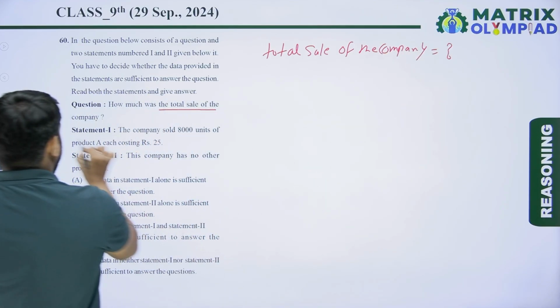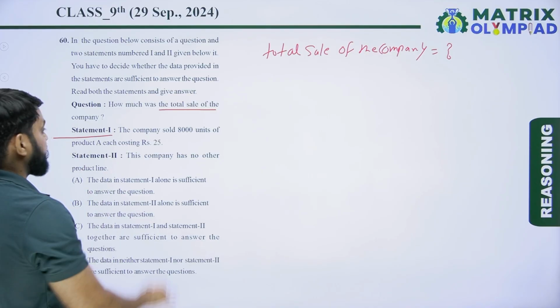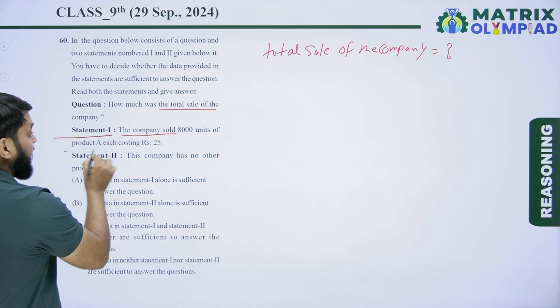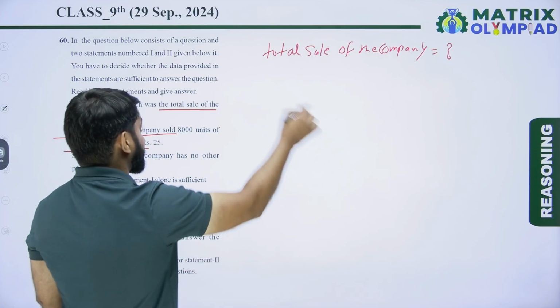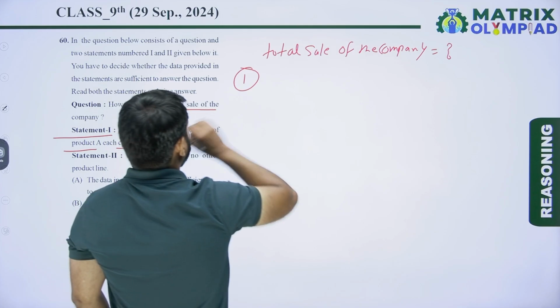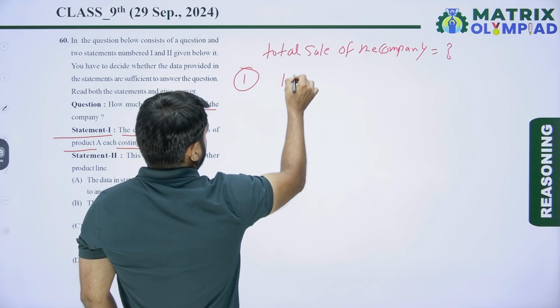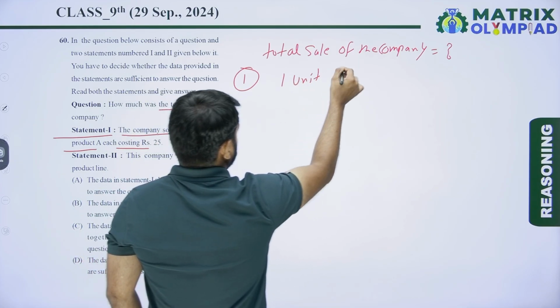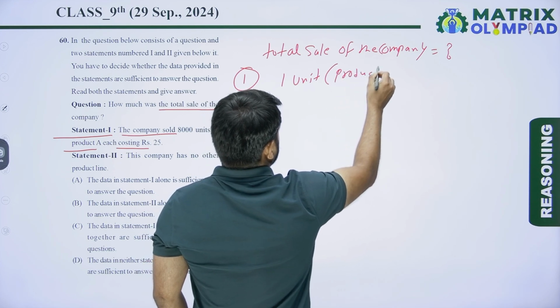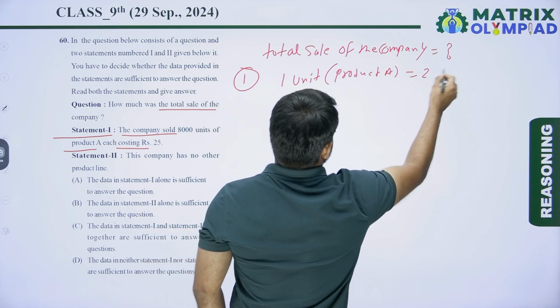So now according to statement first, the company sold 8,000 units of product A, each costing Rs 25. So according to statement first, the cost of 1 unit of product A is equal to 25 rupees.